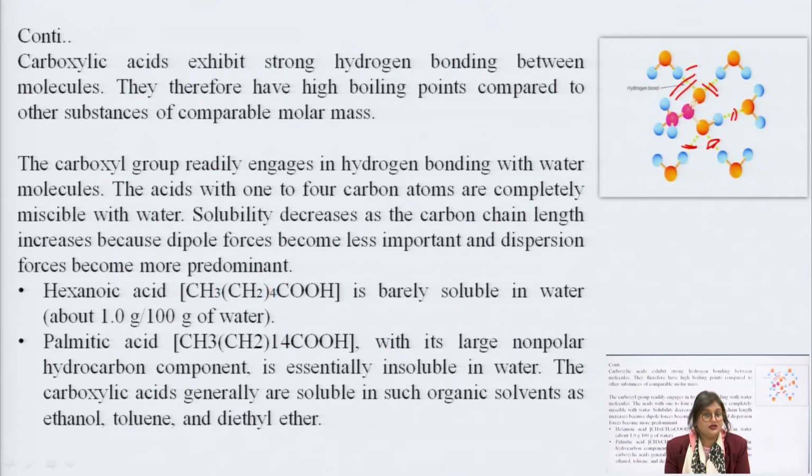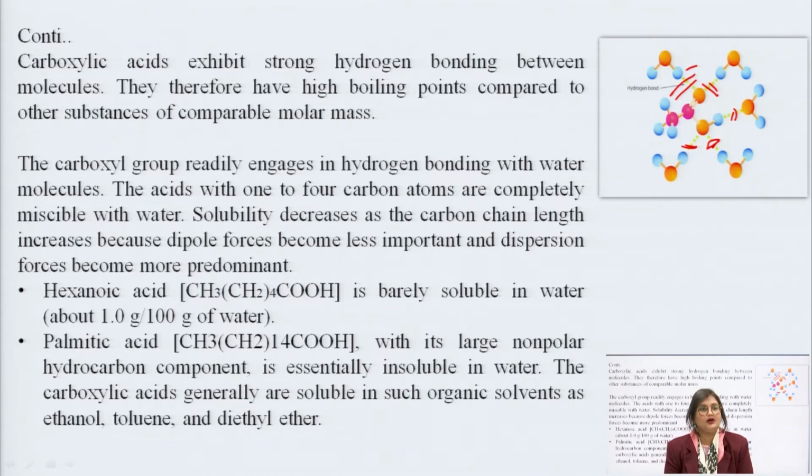So, the increased boiling point of carboxylic acid when compared to water owes to its characteristic of forming strong hydrogen bonds between molecules. This is when compared to other substances of similar molar mass.